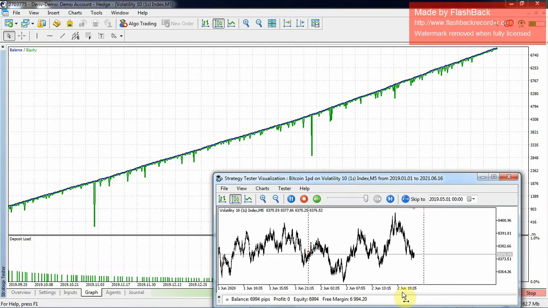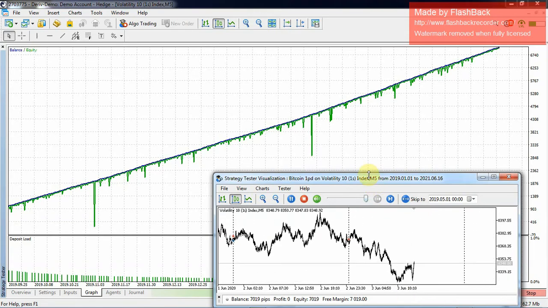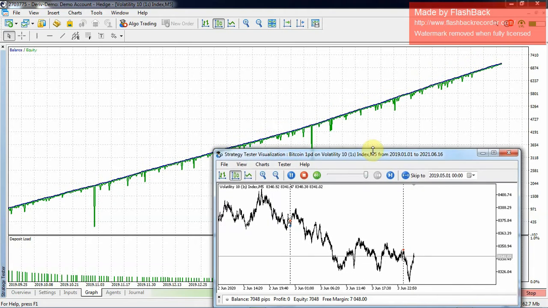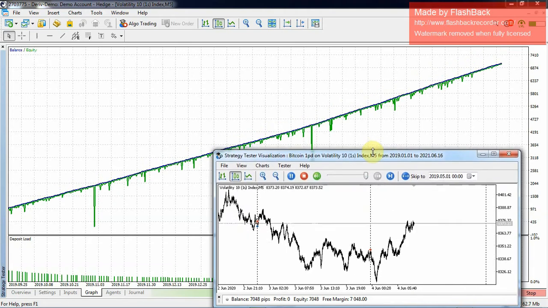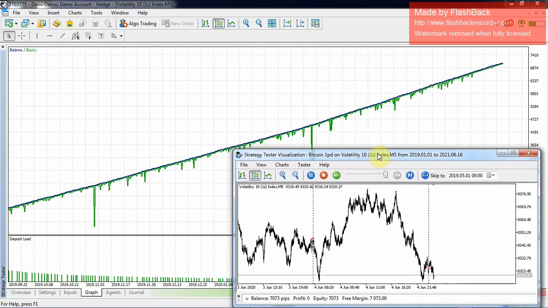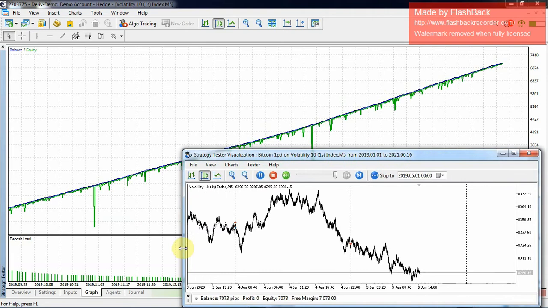So we came up with a model to simulate the almost unlimited money model. And we do this by increasing the stop loss and reducing the lot size.